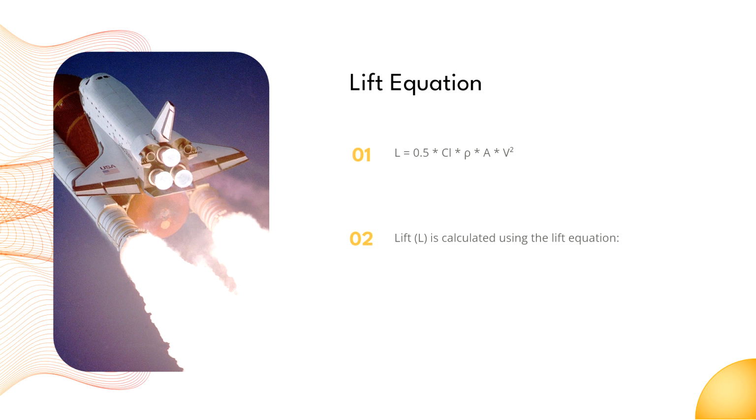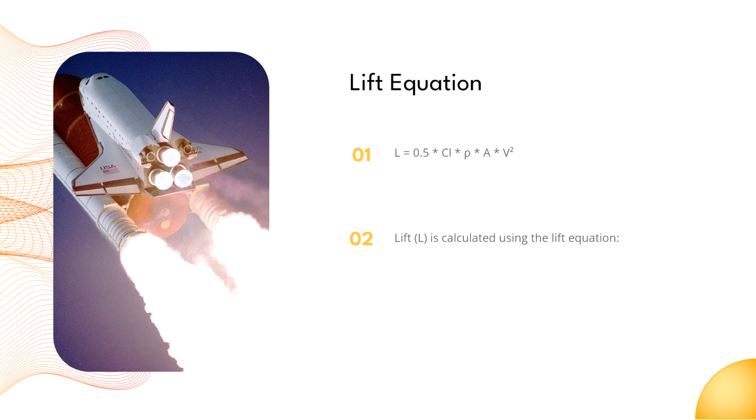So the magnitude of the force of lift is directly proportional to the coefficient of lift, the density of the air, the area of the wings, and velocity, which is the airspeed.